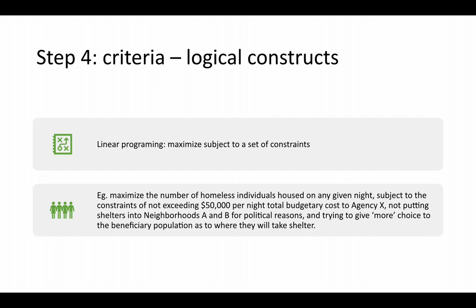So not putting shelters in neighborhoods A and B for political reasons, right? So this is political acceptability or political feasibility. All right, budgets, cost benefit analysis, political reasons, political acceptability. So one evaluative, one practical criterion.